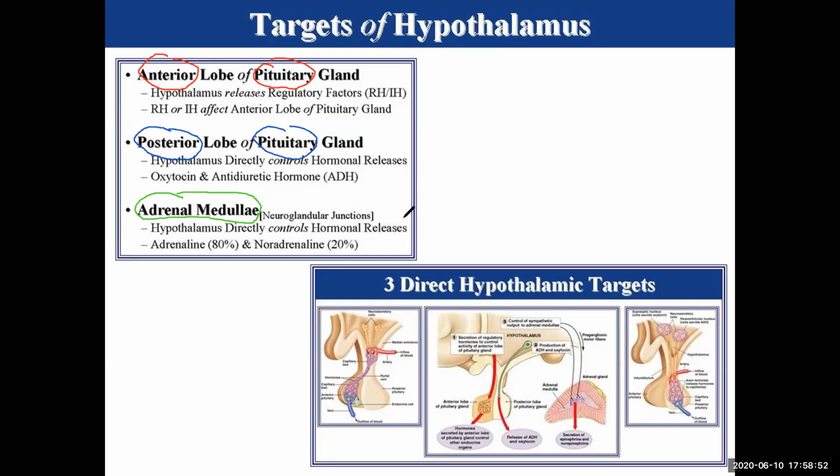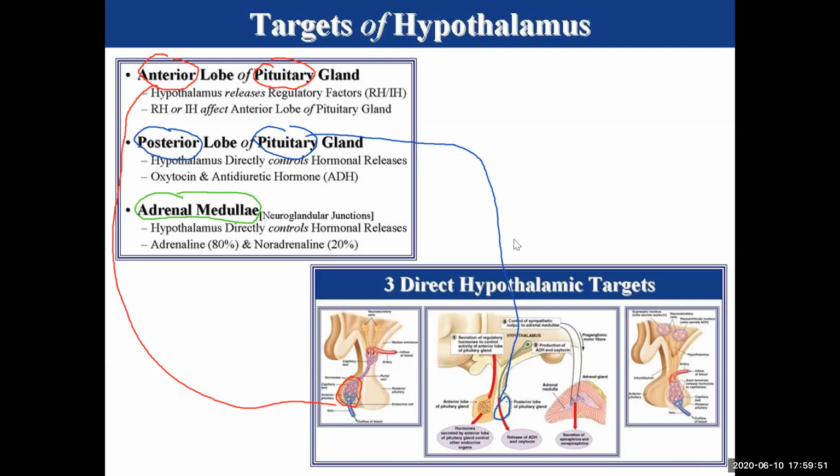So you have the first pathway, hypothalamus controlling the anterior pituitary. Here's the posterior lobe. You have the anterior pituitary here, and the posterior pituitary here.